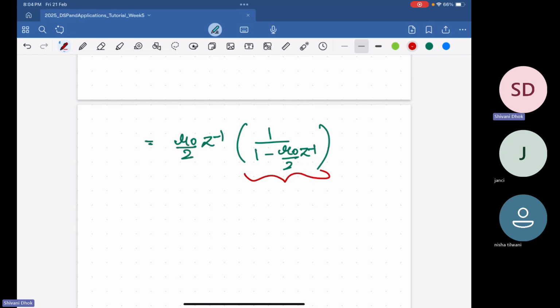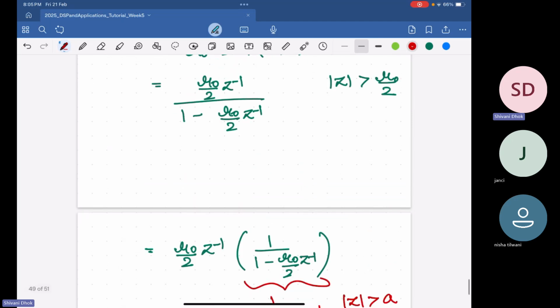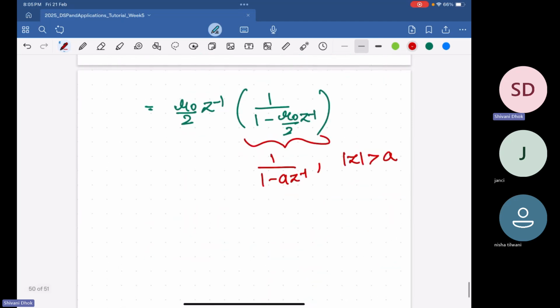Now again, if we look at this particular thing, this is of the form 1 upon 1 minus az inverse with magnitude of z greater than a. Same form, and this has an inverse z transform of a to the power n into u of n, with a as r naught by 2.